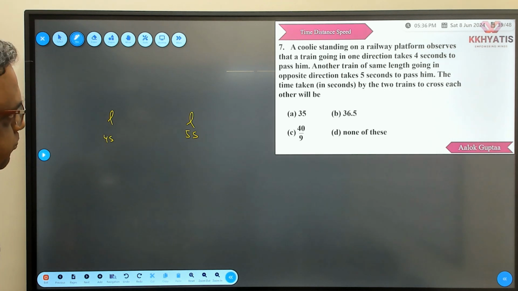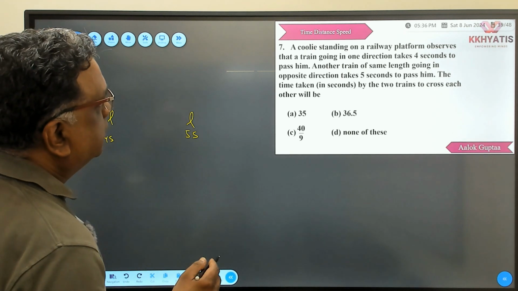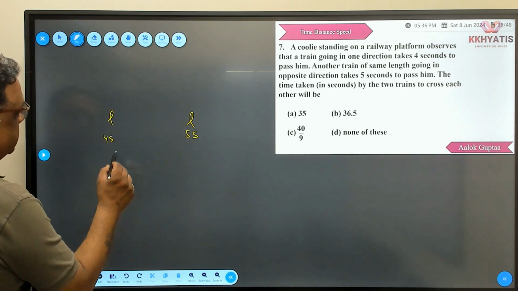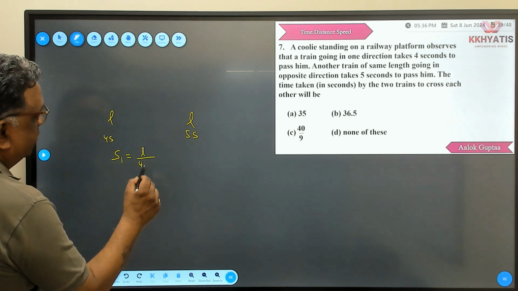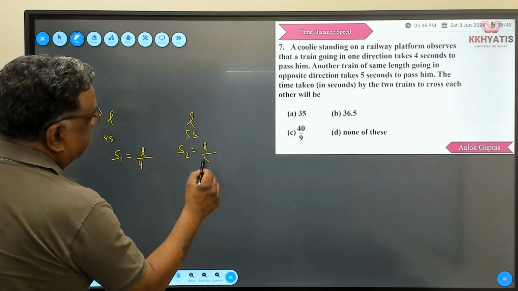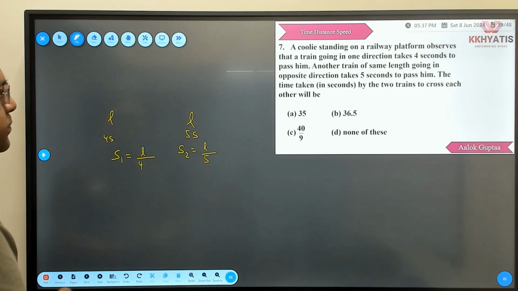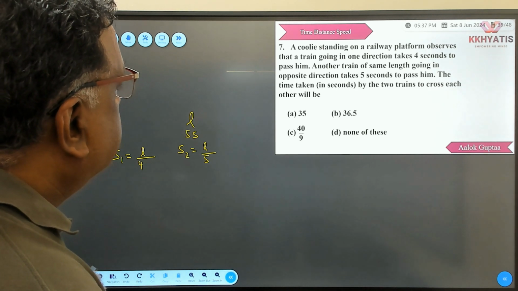Now, let the speed of the first be L upon 4, and the speed of the second train would be L upon 5, correct? The time taken in seconds by the two trains to cross each other.